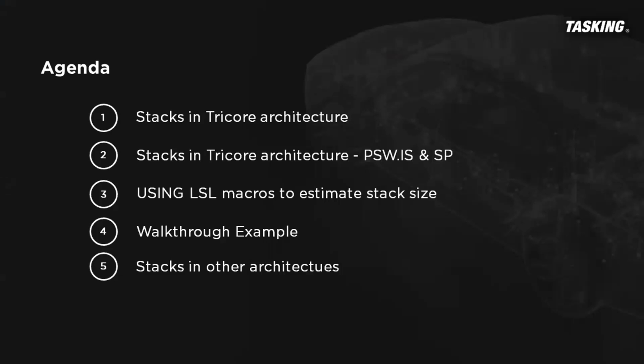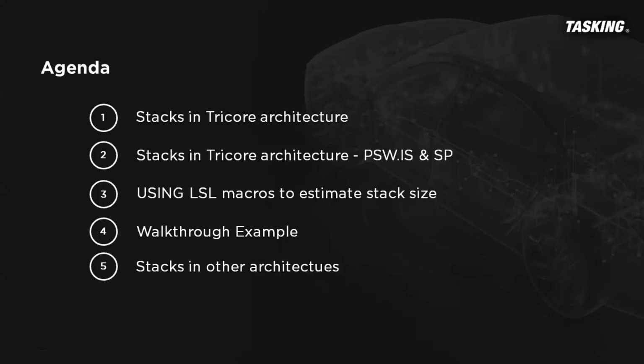For today's webinar, I prepared a small agenda. In this agenda, we are going to discuss the different stacks in the TriCore architecture, and we are going to discuss specifically certain registers that already exist in the TriCore architecture, like the PSW or processor status word, especially the interrupt stack bit inside this processor status word, and the stack pointer, because these are the two elements that are going to change most of the time when you are handling functions and when you are handling interrupts.